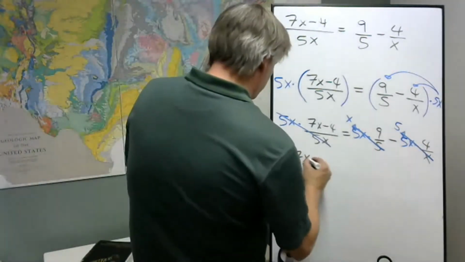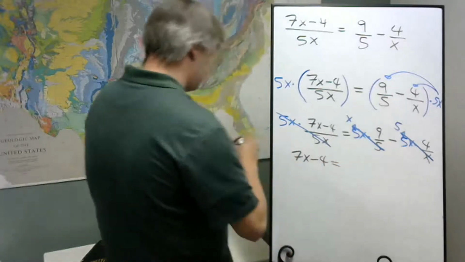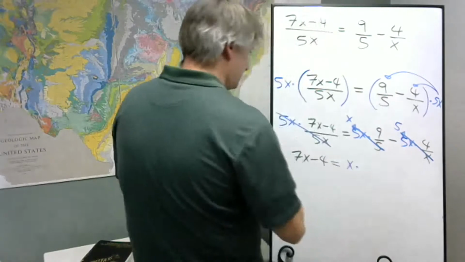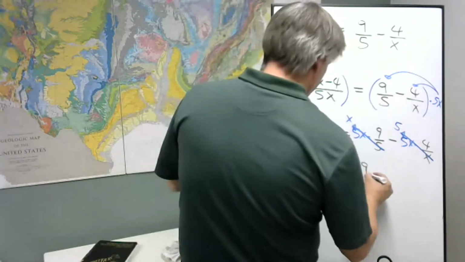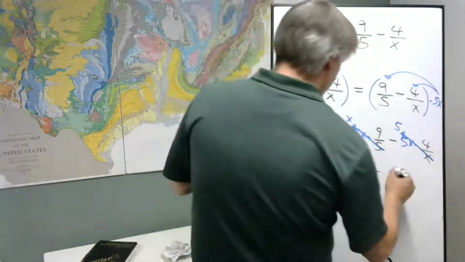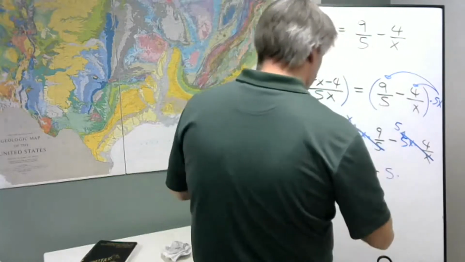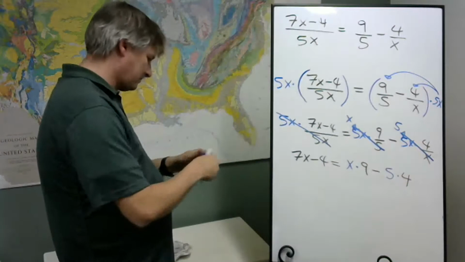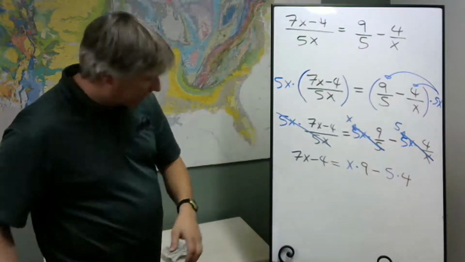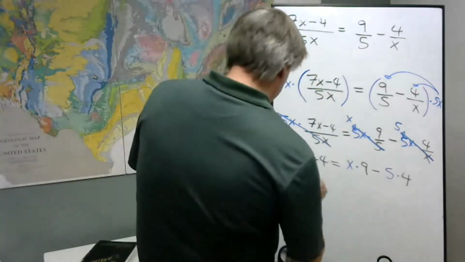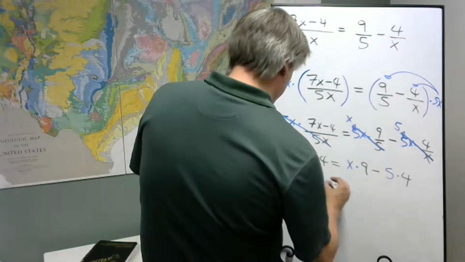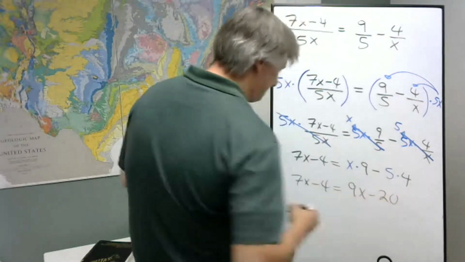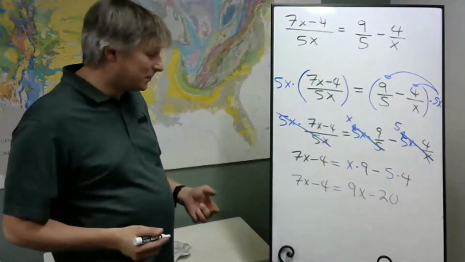We have 7x minus 4 is 9x minus 20. And then we solve for x as usual.